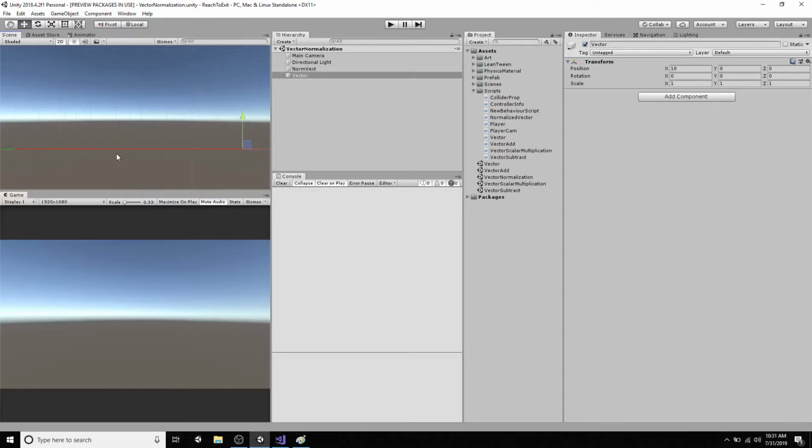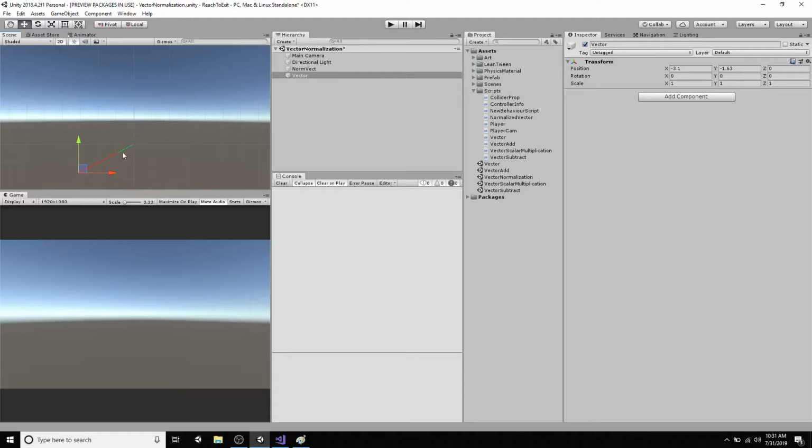If I move this red vector like this, you see the normalized version of this vector, that is this green vector. Now if I do this in a similar fashion, every time the vector direction changes and it forms a unit circle.